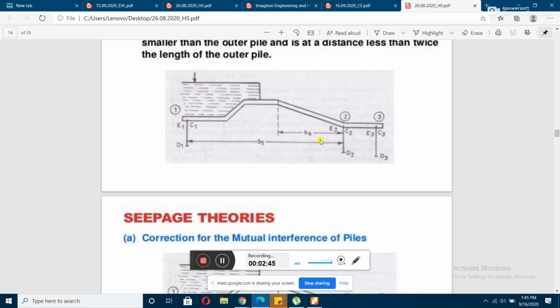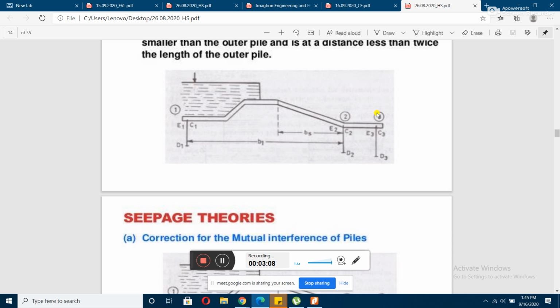And similarly, when finding out the pressure for the intermediate pile, the pressure key points, that is E2, C2 and D2, these particular values when you are finding out for the intermediate pile, we have not considered these two end piles, right, the upstream and the downstream pile.